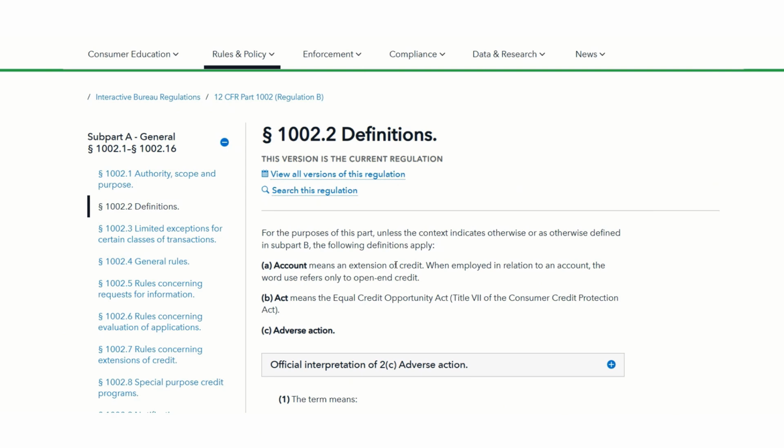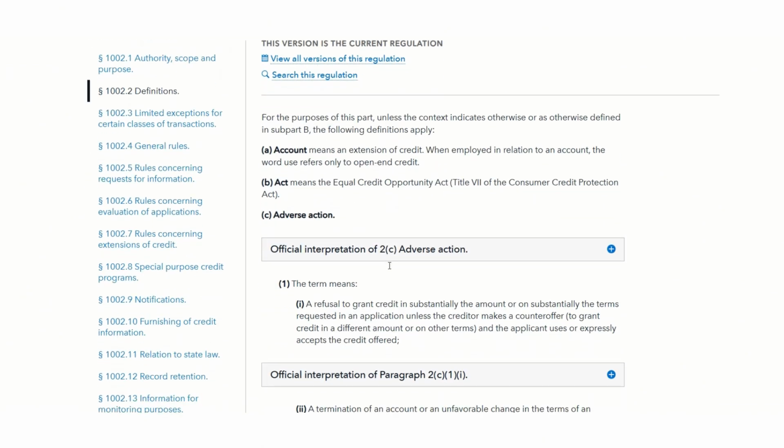It's not something to be owed. So this is what an account means. When you get a statement and they say, "Oh, you owe such and such on an account," but you look up the definition of an account, you understand that it's an extension of credit. That's not something you owe. That's a balance on an account. That's a credit balance. That's yours. That belongs to you. All right, let's continue.